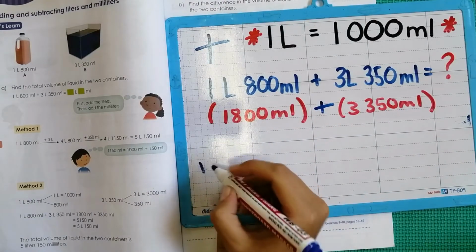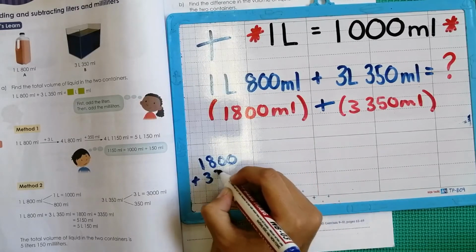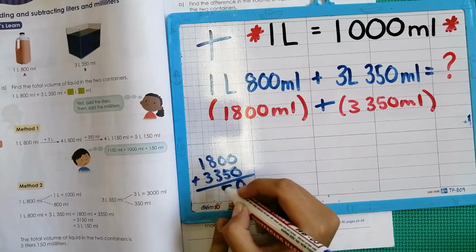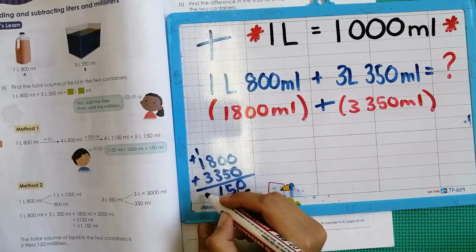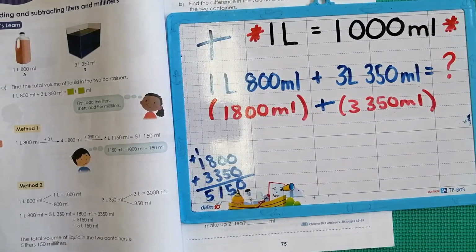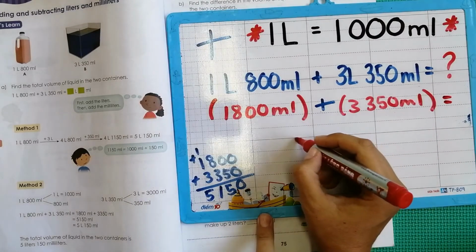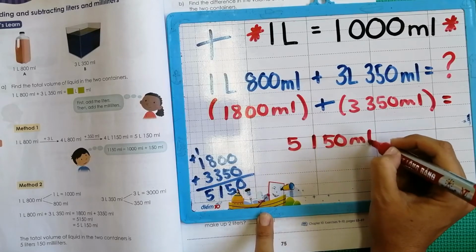Okay, we do a little sum at the bottom. 1,800 plus 3,350: 0, 0, 5, 8 plus 3 is 11, plus 1, 3, 4, 5. The total being 5,150 milliliters.